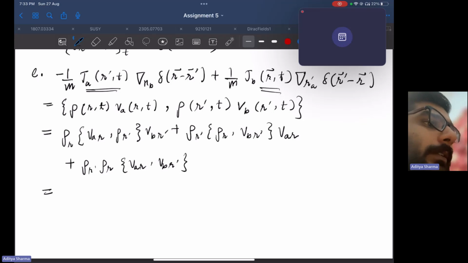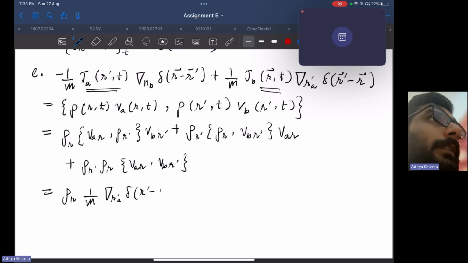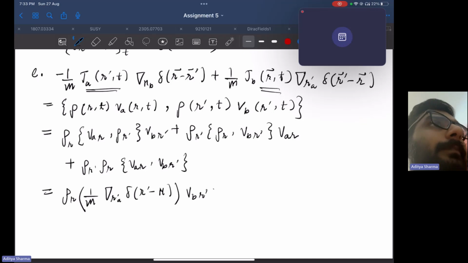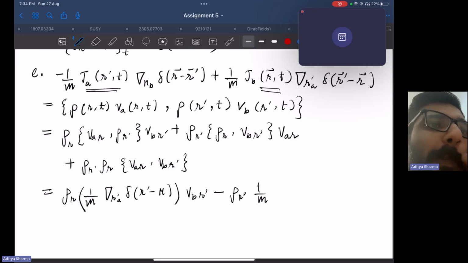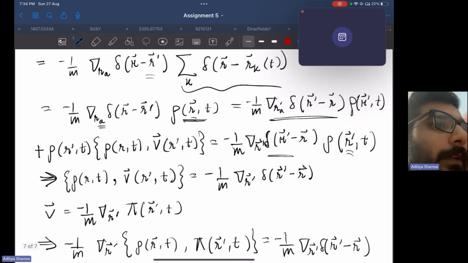So that is nothing but rho R, 1 by M R prime divided delta R prime minus R V R prime plus minus rho R prime 1 by M. So this, we found it just now.